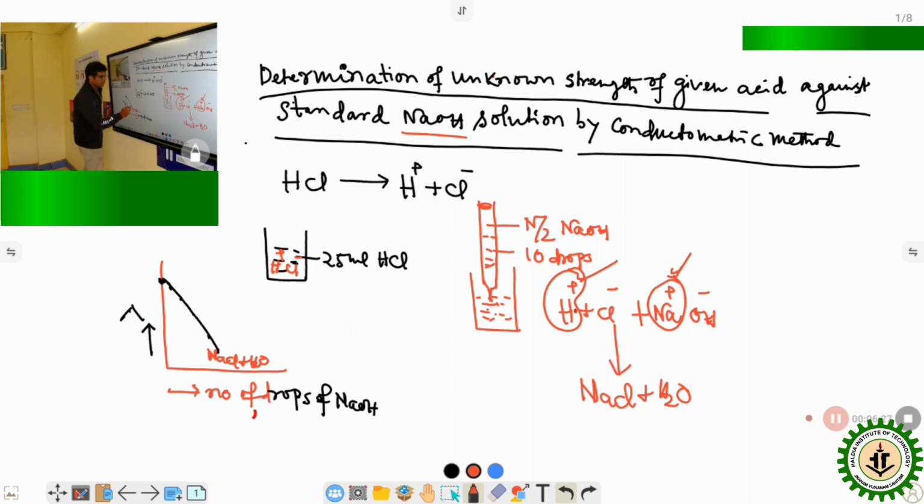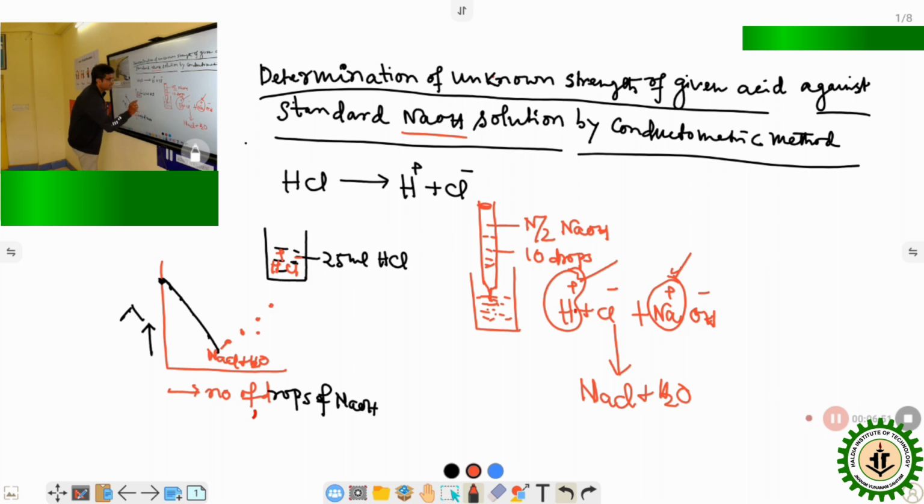Now, beyond the end point, if we still add sodium hydroxide into this acid solution, what will happen? The conductance will steadily increase, because sodium hydroxide, being a strong electrolyte, gives Na plus and OH minus ions. Being the ions are present, the conductance will increase.